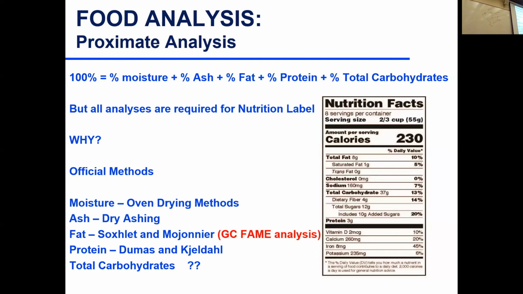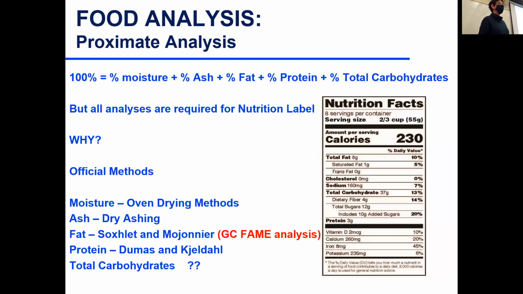All right, because here is the answer. Total carbohydrate, there is not one official method that can give you total carbohydrate in any food. Because total carbohydrate includes starch, dietary fiber, resistant starch, and small molecular weight sugars. There is not one method that's going to give you total carbohydrate in a complex food matrix.